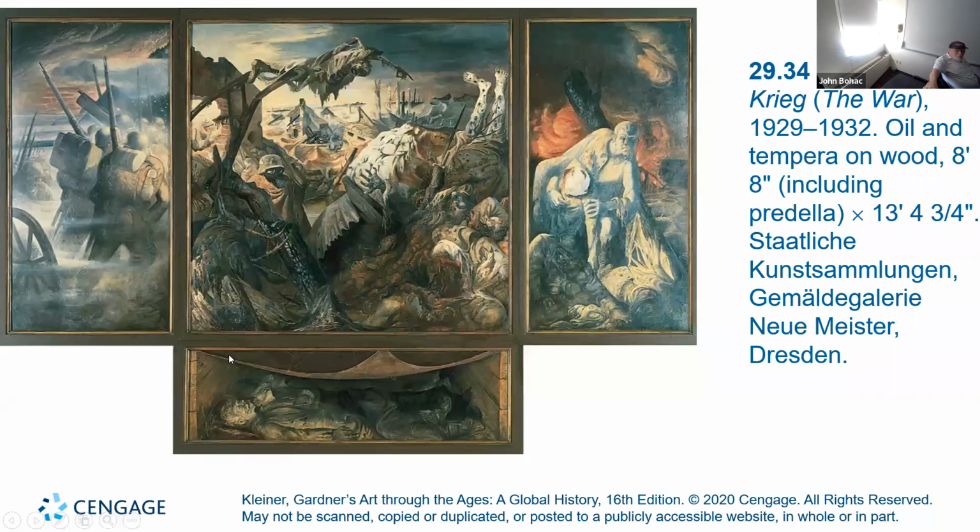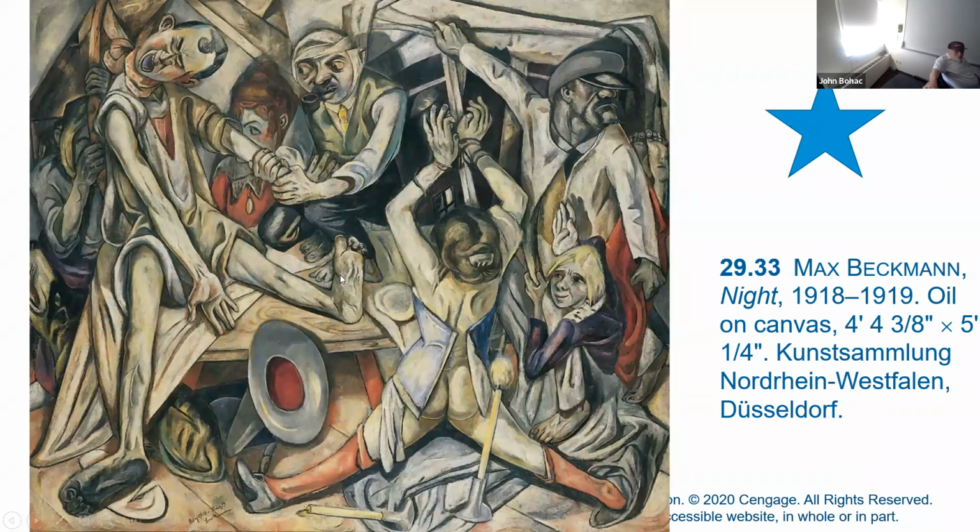Max Beckmann and Otto Dix. It's like George Grosz and all of this dark expressionistic painting. And which gets me to the definition of expressionism. And this stuff here is called German expressionism.